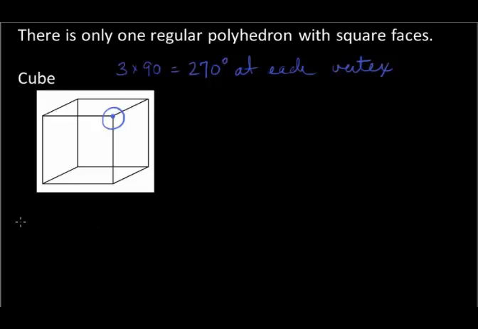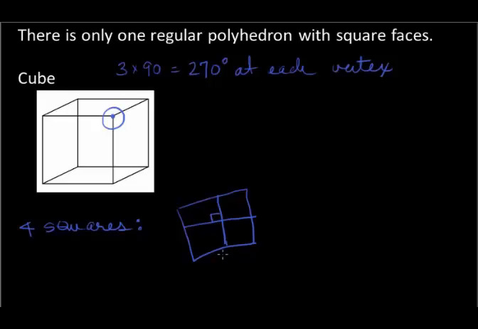If I tried to join 4 squares, well, then they would lay out flat, wouldn't they? We'd get something that just looks like this. Each of these is 90 degrees. 4 times 90 degrees would be 360 degrees, and it would lay flat on the table.